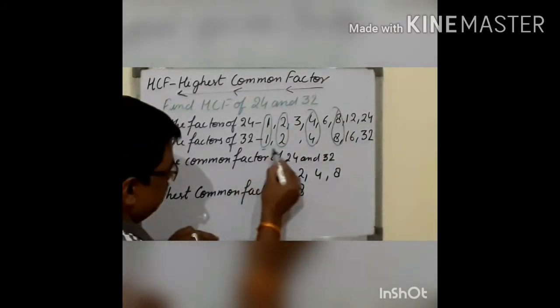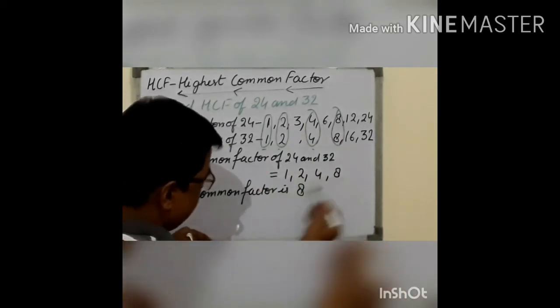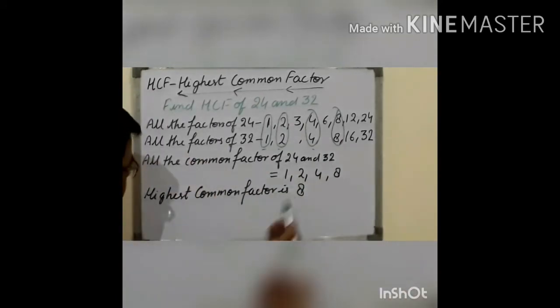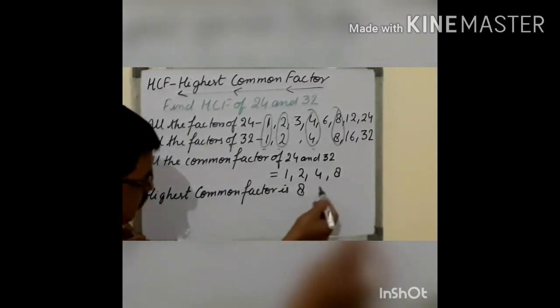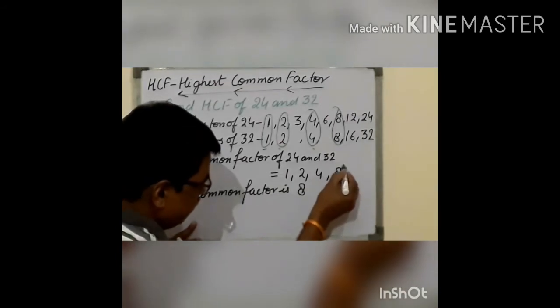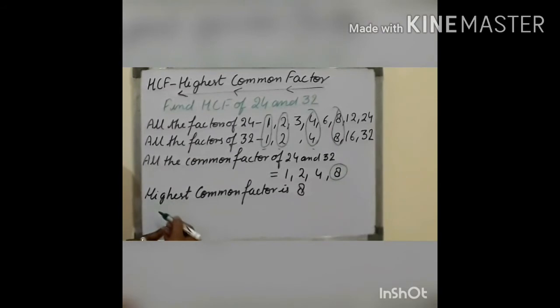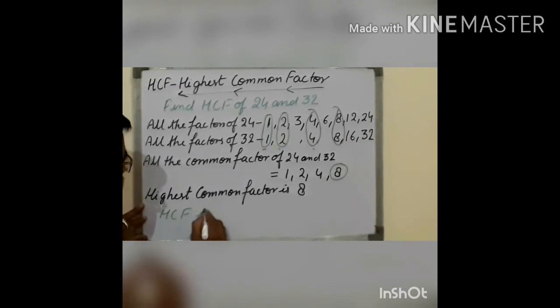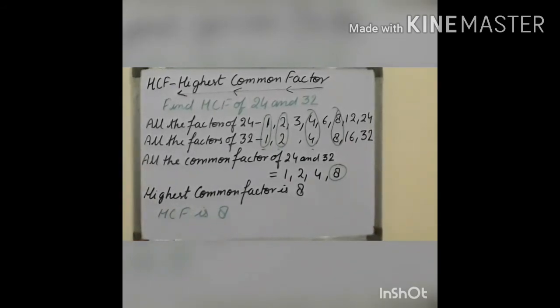These are the common factors, 1, 2, 4 and 8, and from the common factors we have to find the highest common factor. We have to pick the highest, which is 8. So HCF is 8. This is the first method.